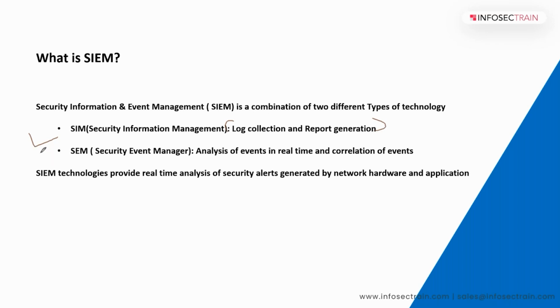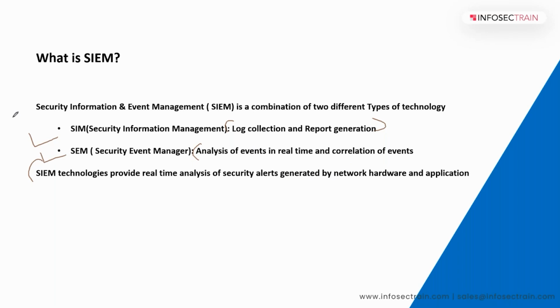Then we have SEM, Security Event Management. With this, we can analyze events in real time and correlate all those events. This SIEM technology provides real-time analysis of security alerts generated by your network hardware or applications.